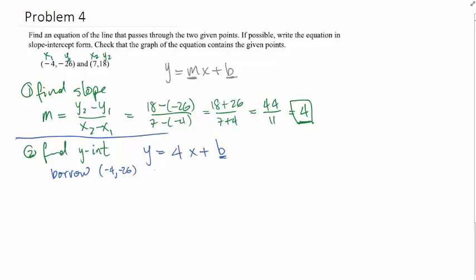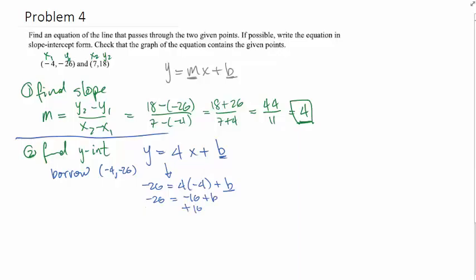When y is equal to negative 26, x should be equal to negative 4, and then you have that b. So we'll solve for b. Negative 26 is equal to negative 16 plus b.